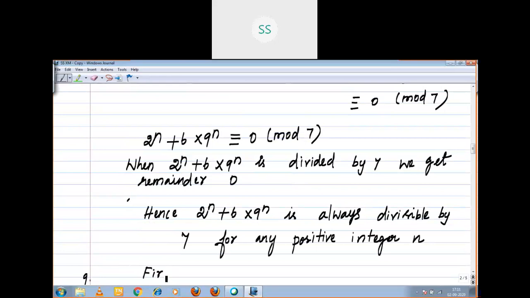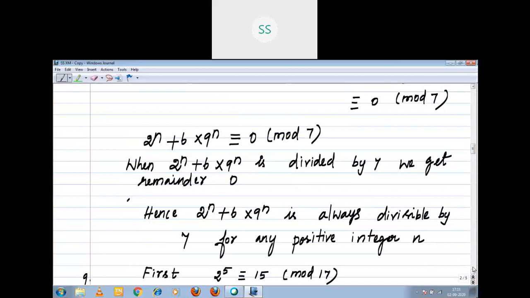First, we will consider 2 power 5. 2 power 5 is congruent to 15 modulo 17. What is 2 power 5? 2 power 5 is nothing but 32.